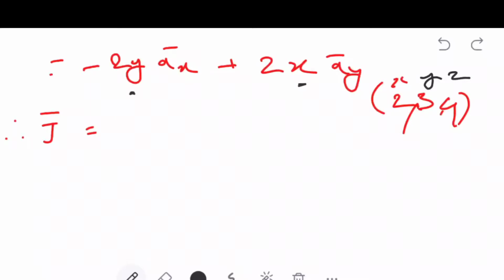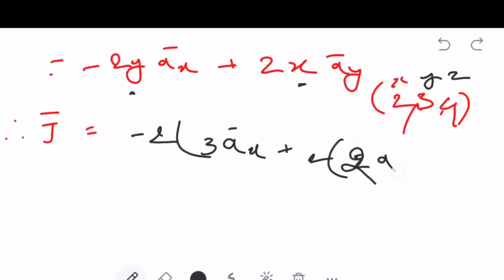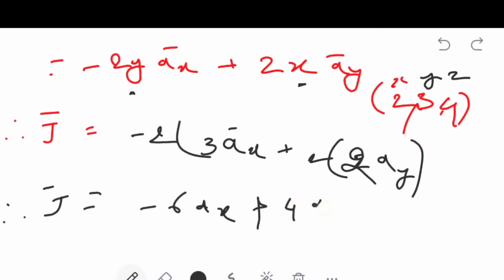Now substituting, j bar equal to minus 2y, so minus 3ax plus 2 into x, 2ay, that is 4ay. We will get the answer. Therefore j bar equal to minus 6ax plus 4ay amperes per meter square.